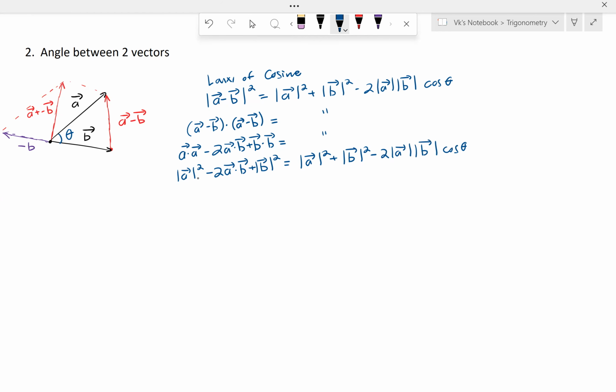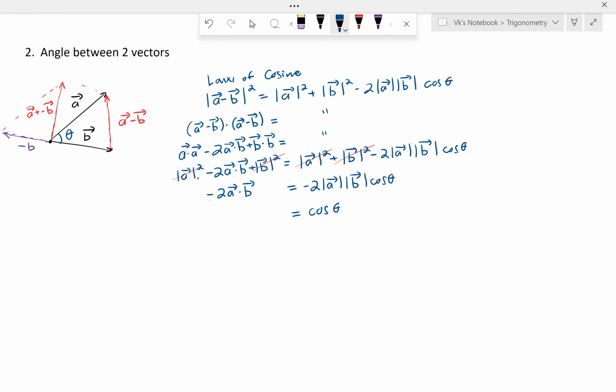From here we see that the magnitudes are just real numbers, so we can get rid of the magnitude of A squared and magnitude of B squared. What we have here is minus 2 A dot B equals minus 2 magnitude of A times magnitude of B, cosine of the angle theta.